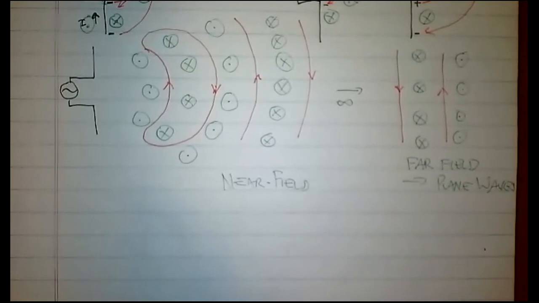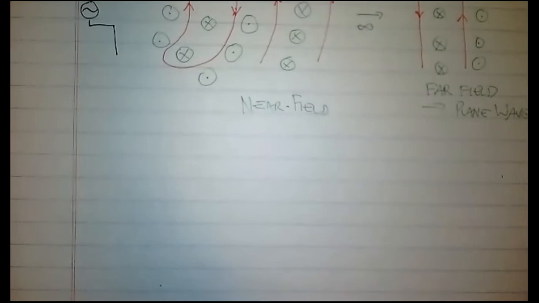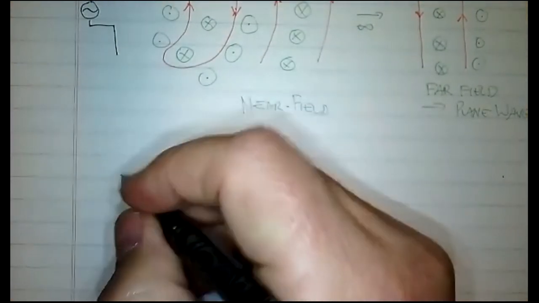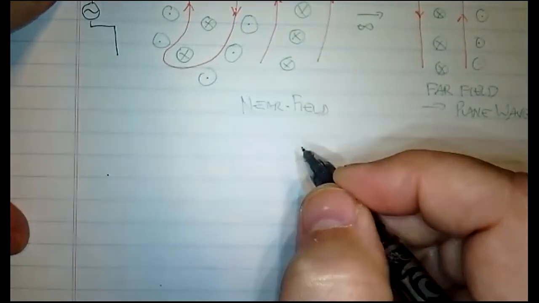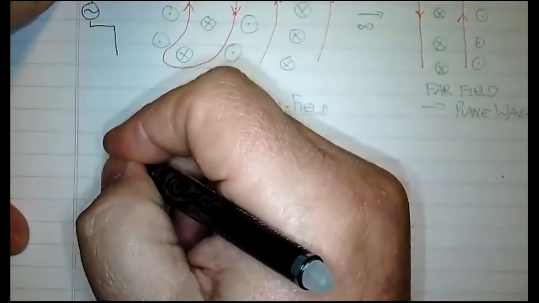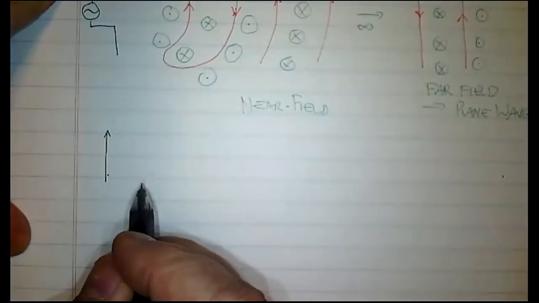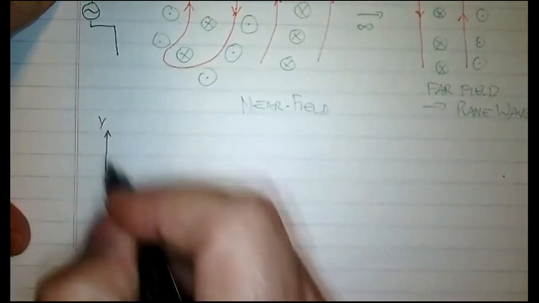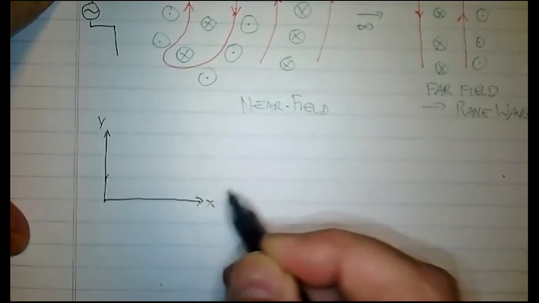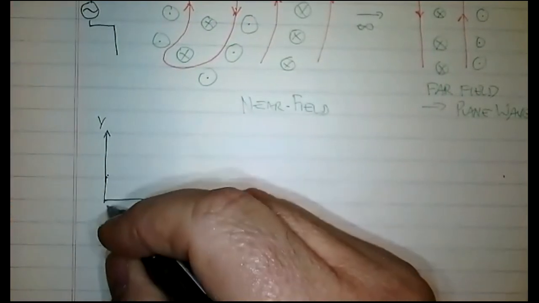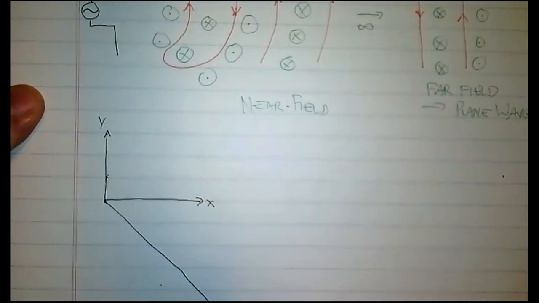So the modern picture of light as a wave, at least, which when we get to quantum mechanics, everything's going to be off again. But basically the modern picture of light is, let's imagine that this is my y-axis. Let's say this is my x-axis, and then of course my z-axis has to come out of the page by the right-hand rule.